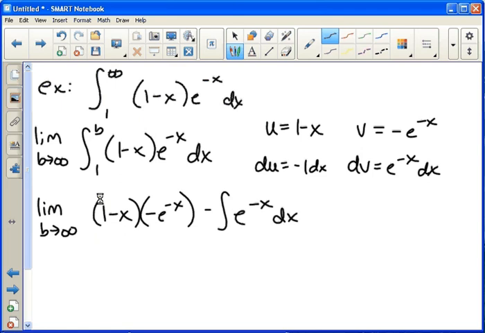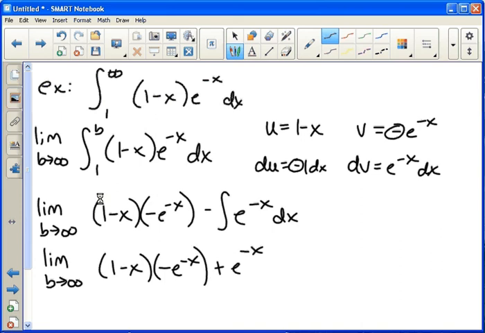Okay, you can take the integral of that fairly easily. We get the limit as b approaches infinity of 1 minus x times negative e to the negative x. It'll be plus e to the negative x plus c, because we just have to divide by negative 1, so it changes the sign back to positive. So this would be a good example of one that's going to be pretty difficult to do without a calculator.